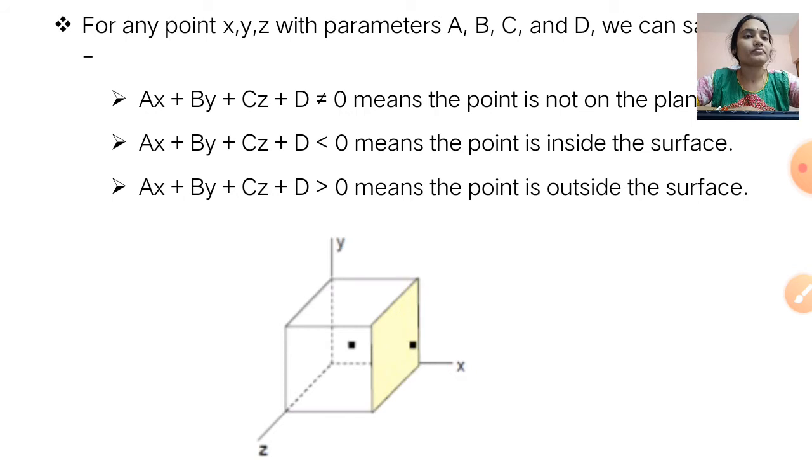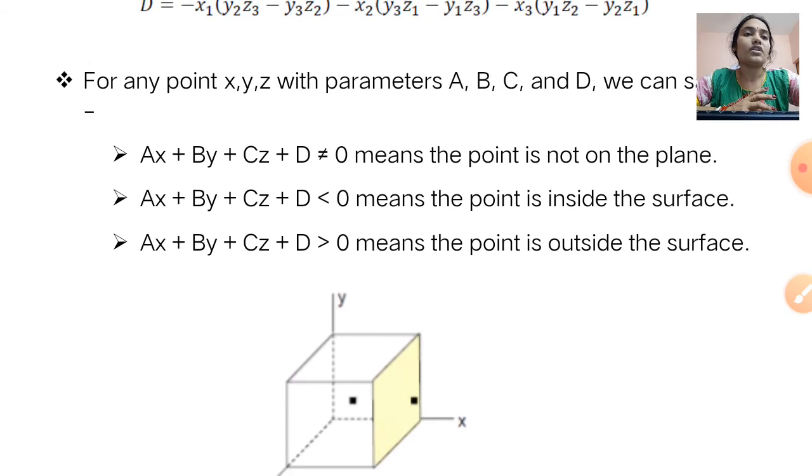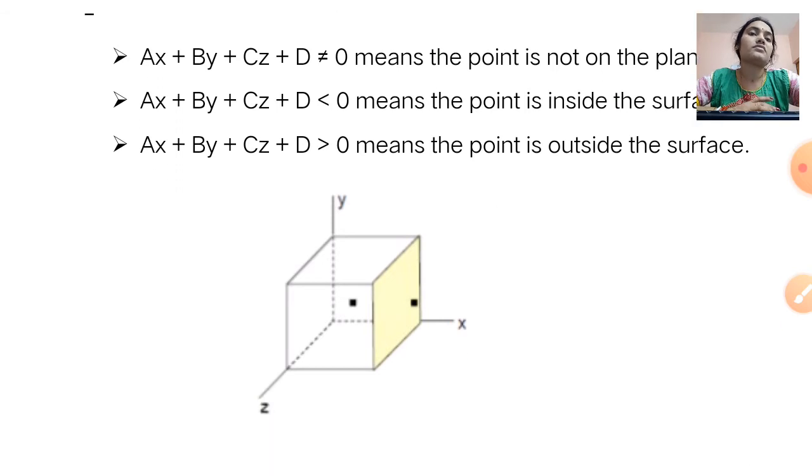So in 3D object representation, in 2D we only have two coordinate positions, the x coordinate and y coordinate. But in 3D we find three coordinate positions: x coordinate, y coordinate and another one, the z coordinate. To find out if the point is inside, outside or not on the plane surface, we use this equation and this procedure.